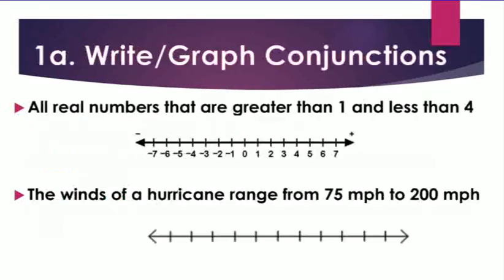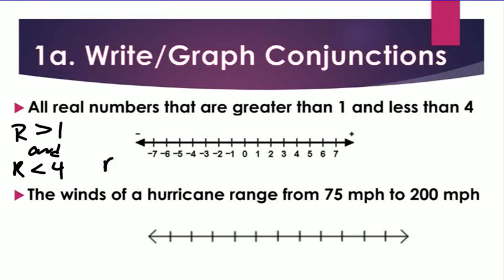So let's take a look at an example here. All real numbers are greater than 1 and are less than 4. So let's think about that. Real numbers are greater than 1 and real numbers are less than 4. That is one way of writing it.